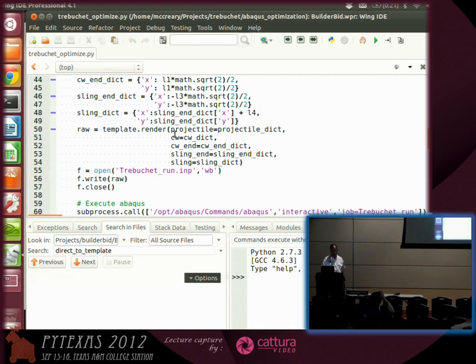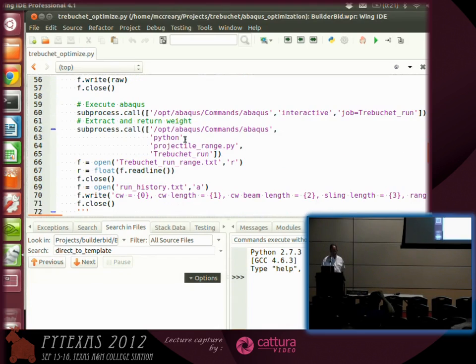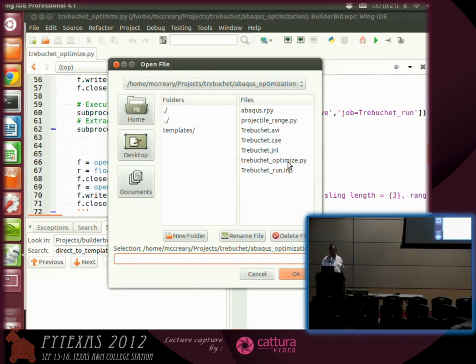We render the template. We open the input file, write it, and close it. We use subprocess to call Abaqus. We run it interactively, because normally it would just spawn it off. And then furthermore, we run another program called projectile range that extracts out our objective variable. I think, yeah, here it is.